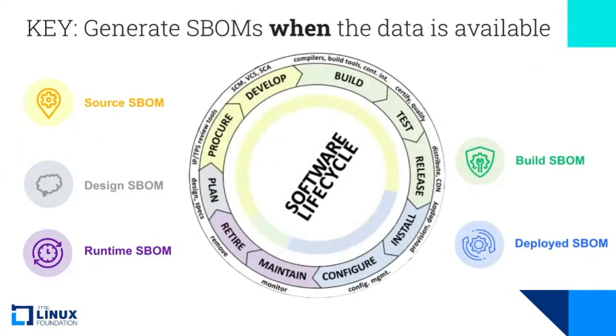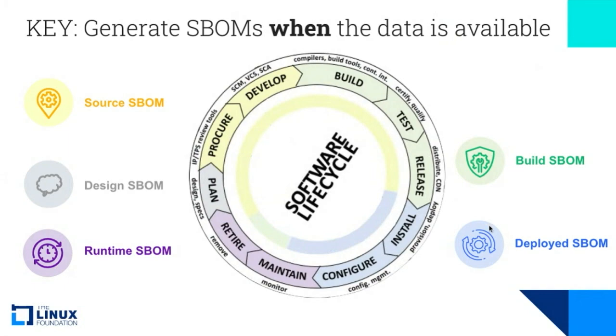So one of the things you can do is a rough mapping of where you generate the SBOMs, where the data is available. And so a source SBOM is roughly going to be happening during your procure and development stage. A build SBOM, you're building, testing, releasing. There's artifacts and information there that you have immediately as part of the build flow, like obviously from the CI/CD perspective. As you're compiling, you know exactly what you're putting together in that image, so capture it.